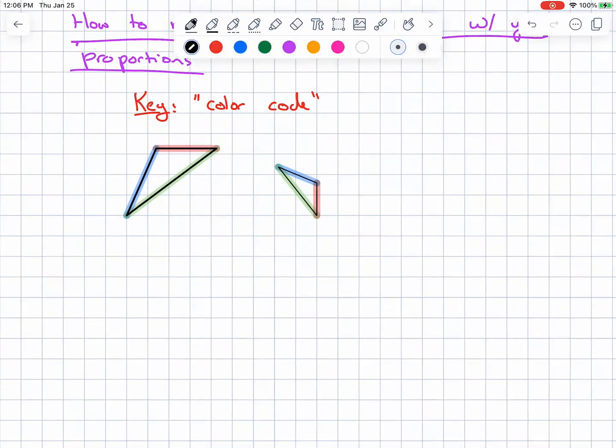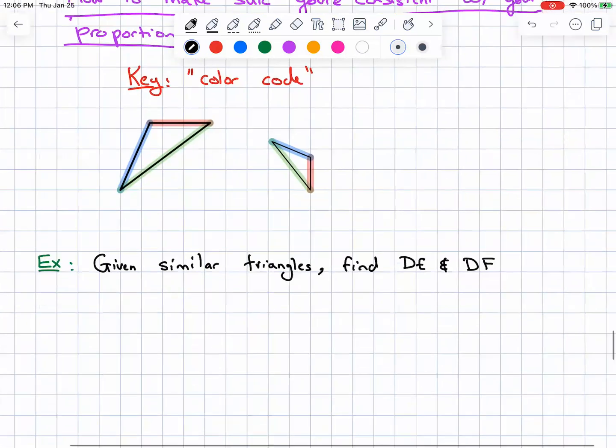So let's do an example. Given the similar triangles, find DE and DF. Luckily for us on this one, they are in the same orientation, so it's not too terrible to find out which side lengths correspond, but we should still do it as practice.